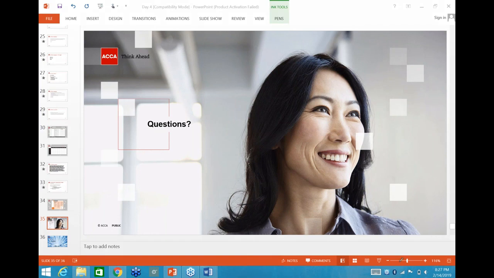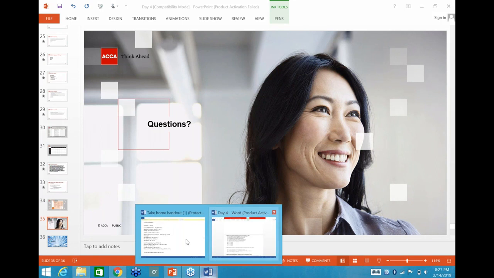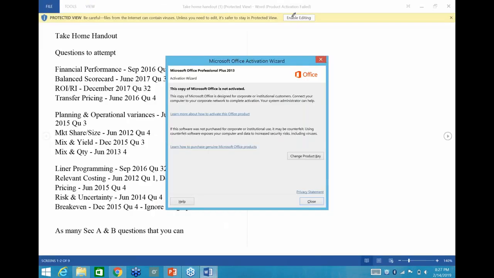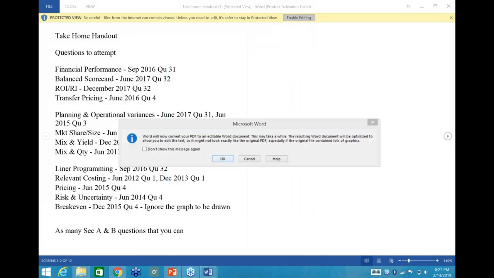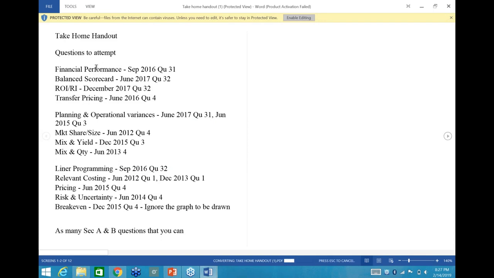Another thing which you have with you right now, I'll come back to the questions, is this handout. I call it the take home handout. Basically I've put some areas where you can try some past paper questions.